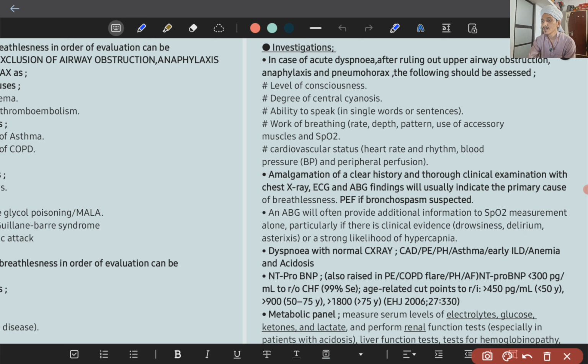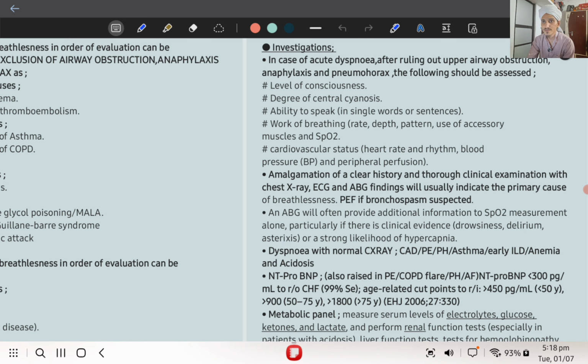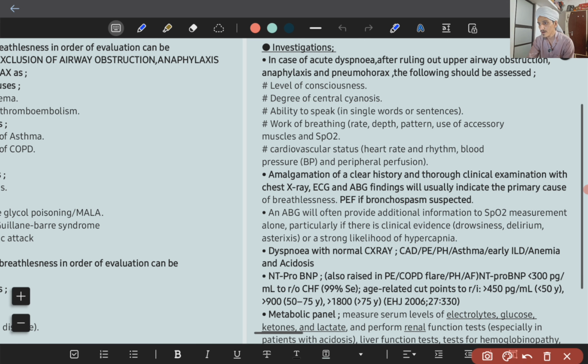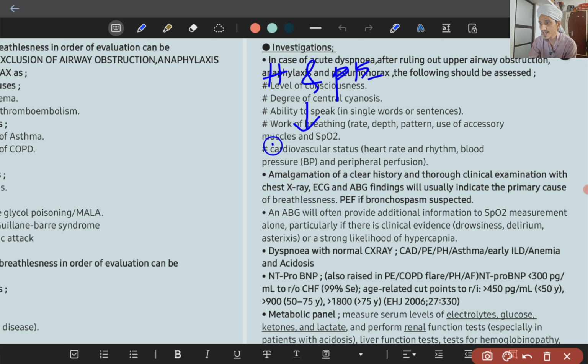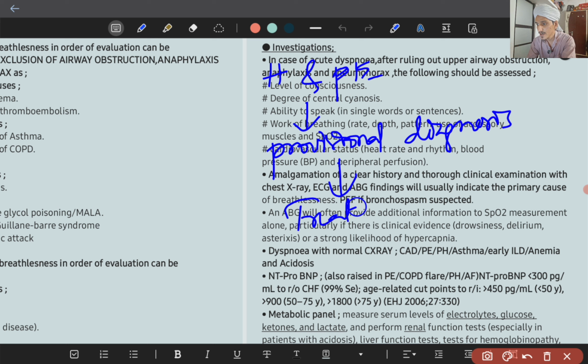Okay, so a patient comes with acute onset of breathlessness. By history and physical examination, you have some provisional diagnosis. Treat that provisional diagnosis.